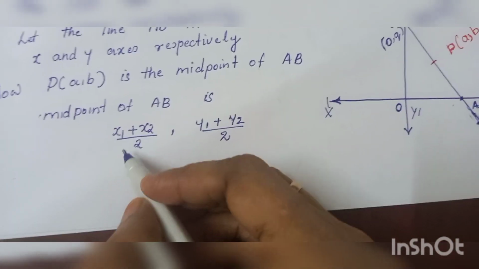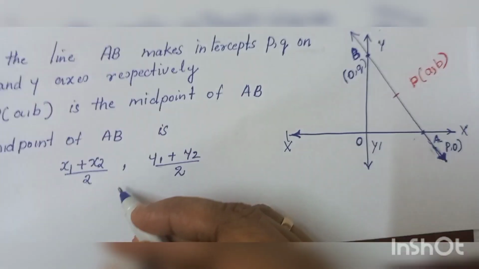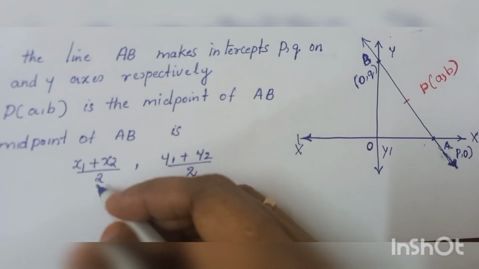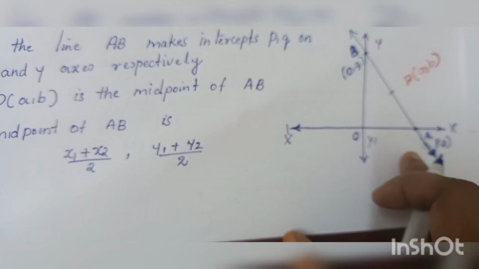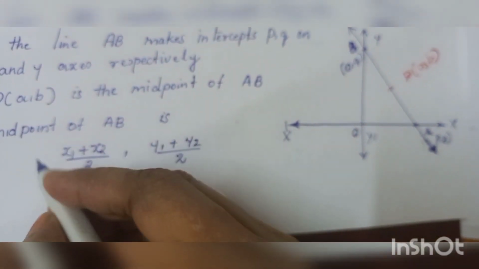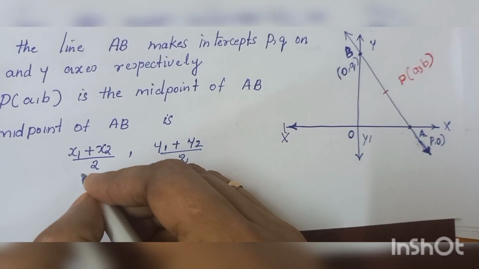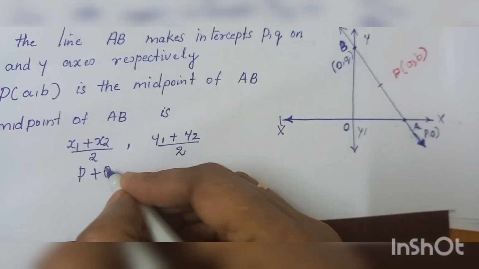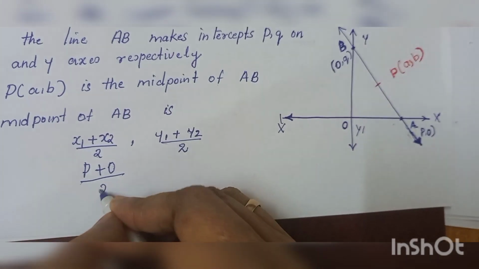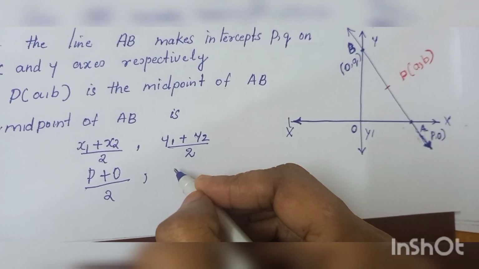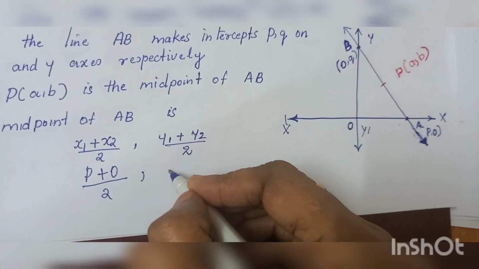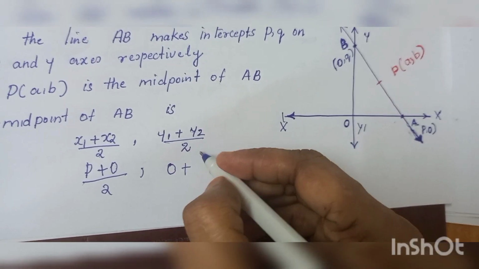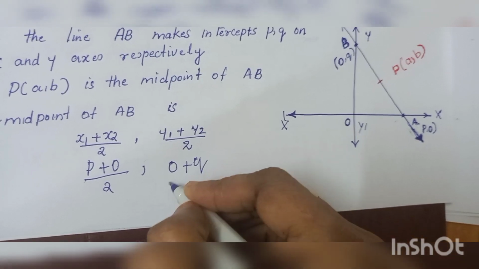We have to find the midpoint of AB. So how will you find it? Here x1 plus x2 by 2, where x1 is p and x2 is 0, so p plus 0 whole divided by 2, comma, y1 plus y2 by 2, where y1 is 0 and y2 is q. So q by 2 we can write.